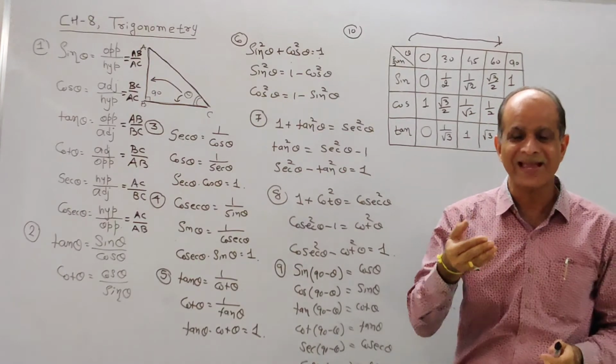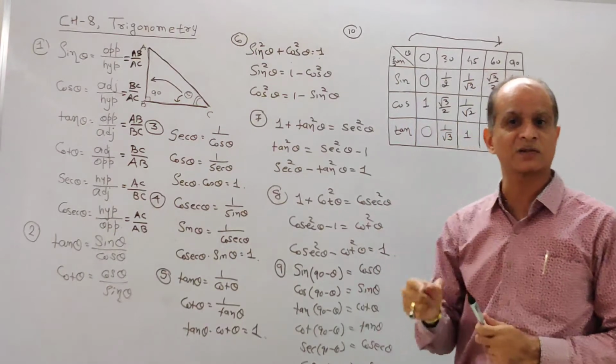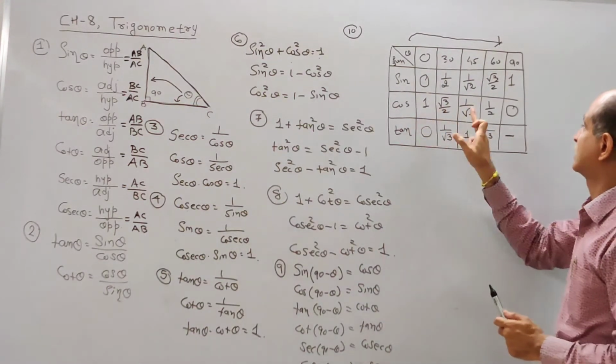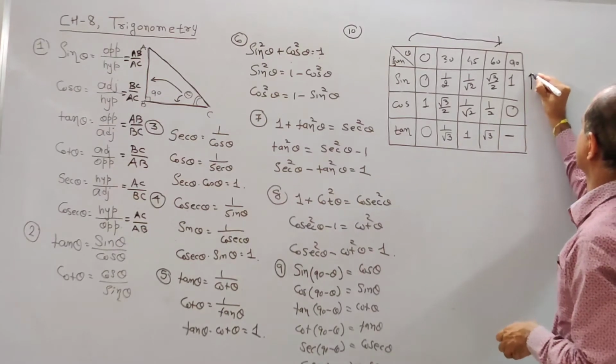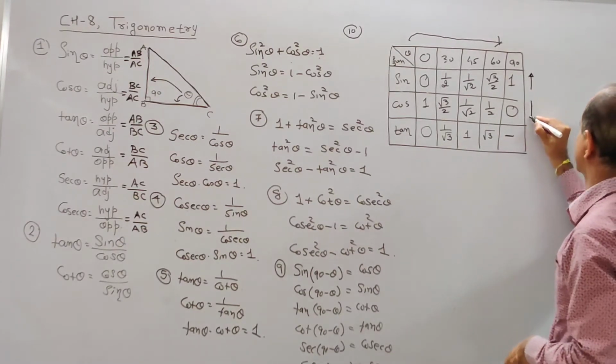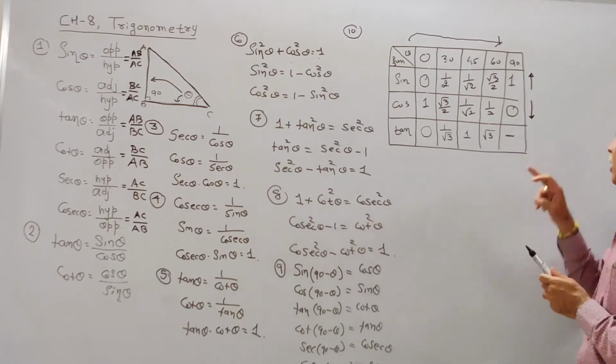Means as theta increases, the value of cos decreases, and that's why we can say cos is a decreasing function.